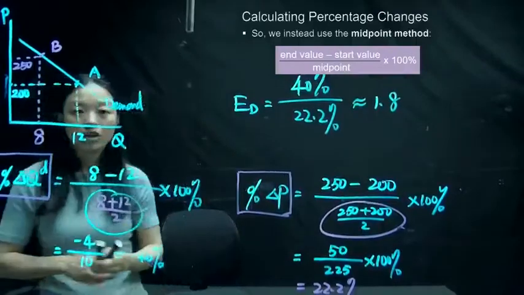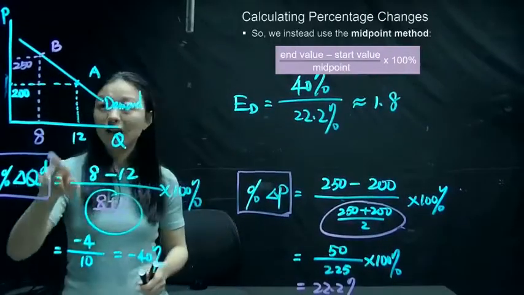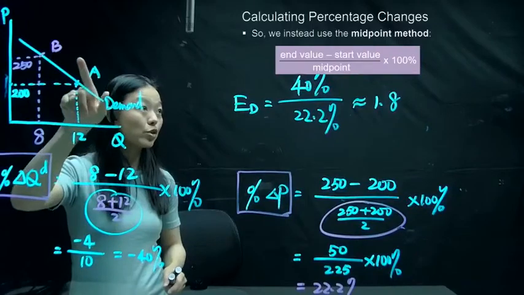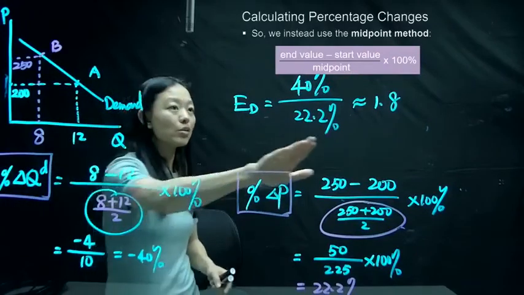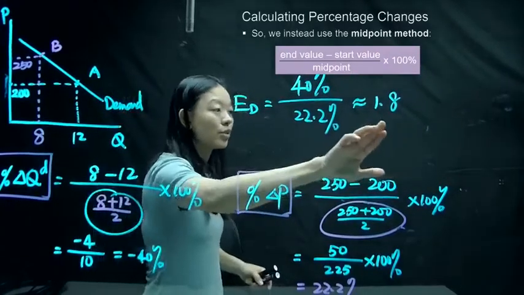So you can notice if we use the midpoint method, no matter which one you choose as a start point, which one will be the end point, the result will be this one. The result will be 1.8.